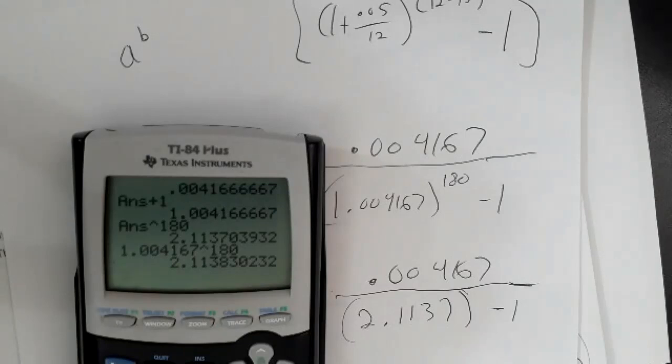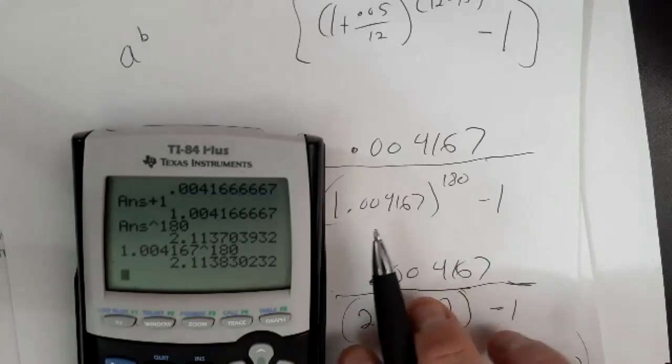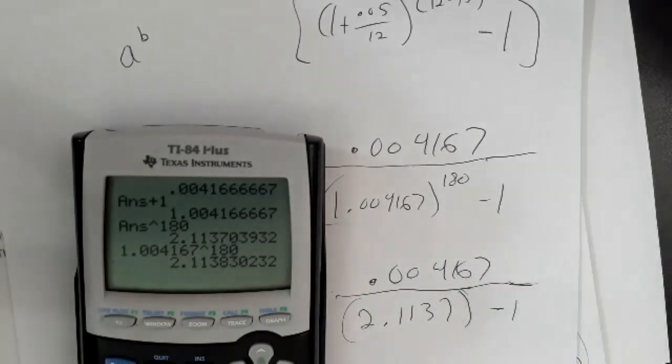So what was the answer? It should be around 2.1138. Okay, hold on, let's see here. Oh, shoot. 0.004. But this means we're multiplying 1.004167 out like 180 different times, right? It's kind of ridiculous.